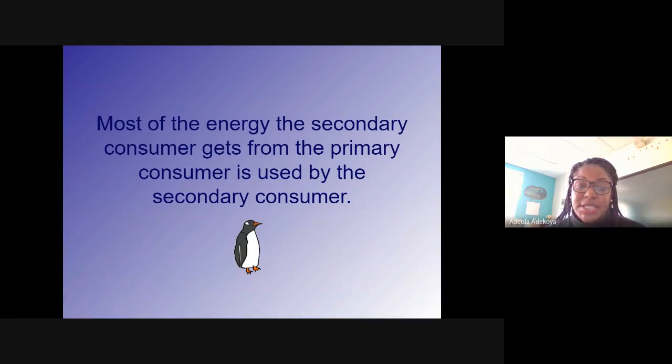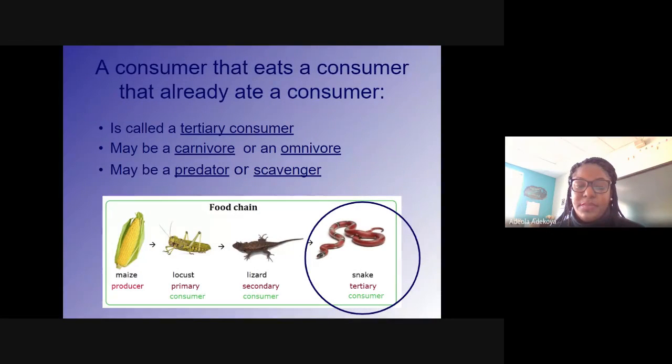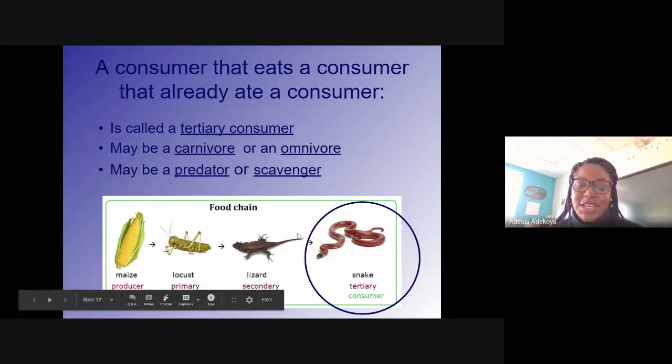Most of the energy that a secondary consumer gets from the primary consumer is used up by the secondary consumer. So now this is the tertiary consumer. All right, so a consumer that eats a consumer that already ate a consumer is called a tertiary consumer. So in this case, we've got the snake eating the lizard that already ate the locust.